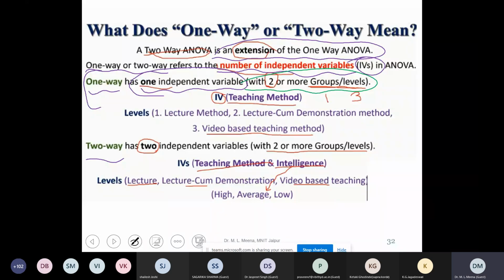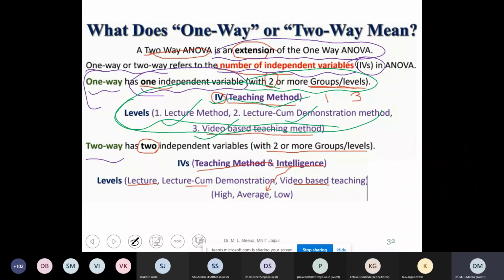In this example, teaching method is the independent variable and three levels are there: first is the lecture method, second the lecture cum demonstration method, and third the video based teaching method. So one-way ANOVA discusses one independent variable, with within groups and between groups.